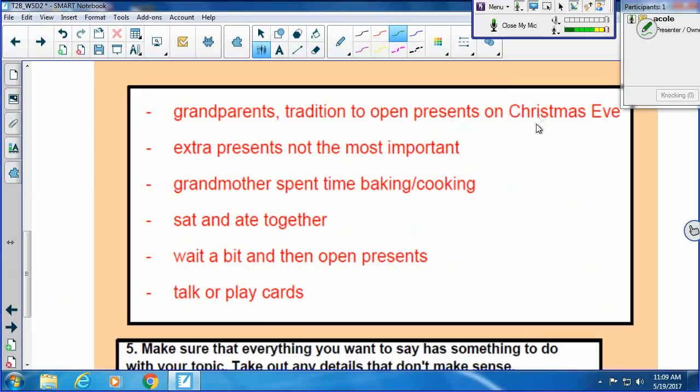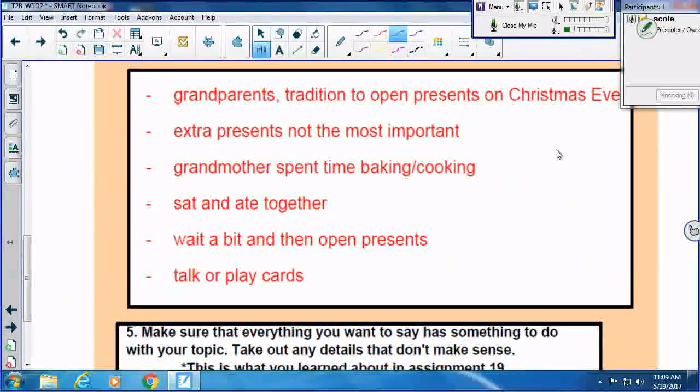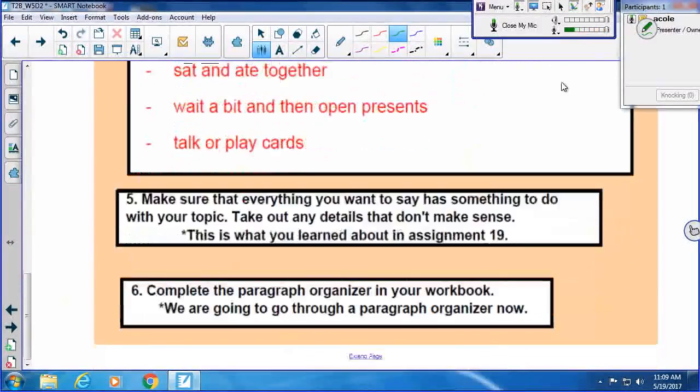But something that wouldn't fit in would be if I randomly talked about Thanksgiving when it's a paragraph about Christmas. Or if I started talking about what we did before Christmas, because remember, this would be focused on Christmas.